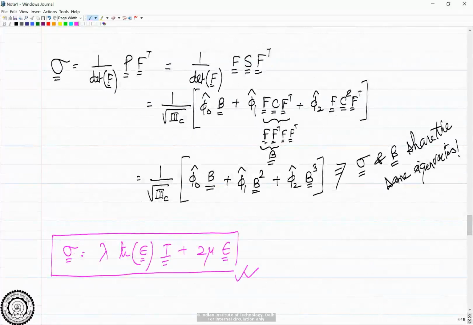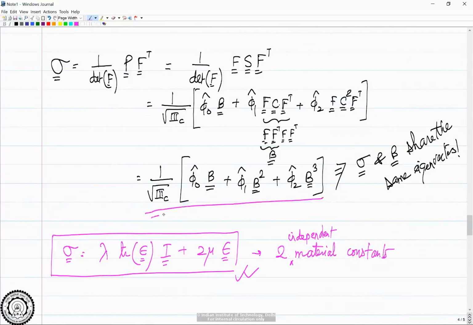And we also know that an isotropic material has just two material constants. This is something certainly you would know, no? Two independent material constants, yes, sir. Independent. But how many constants do you see here? In the expression for sigma, how many constants are there? Can you figure out?